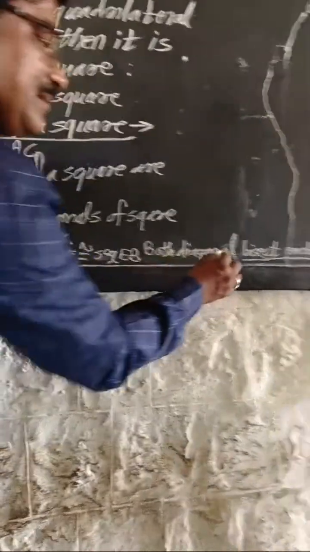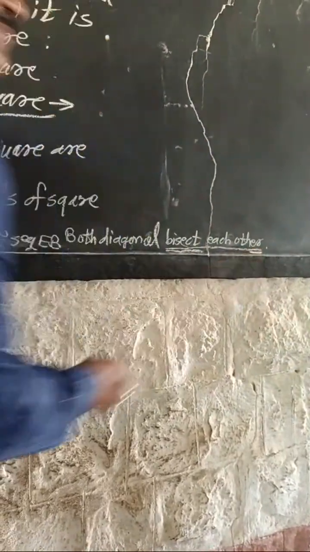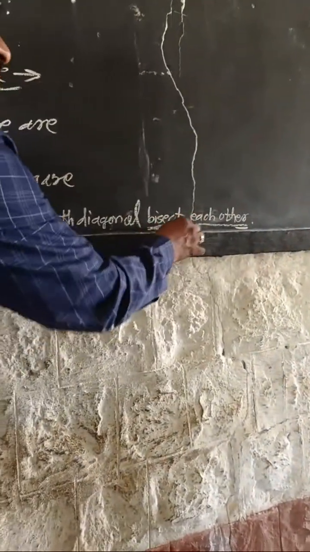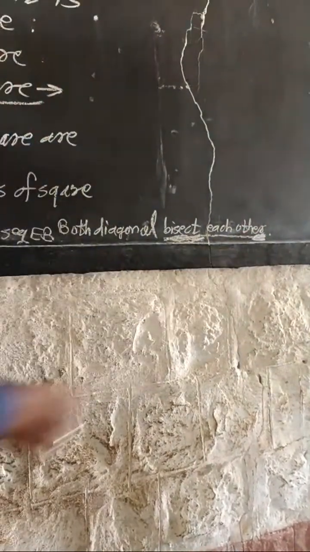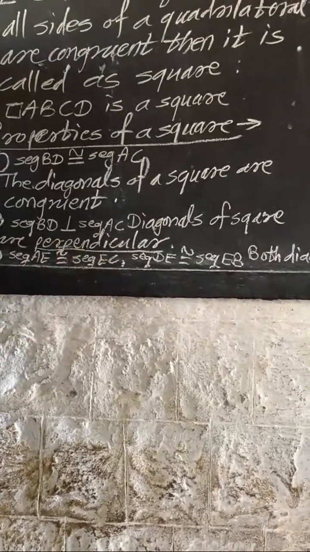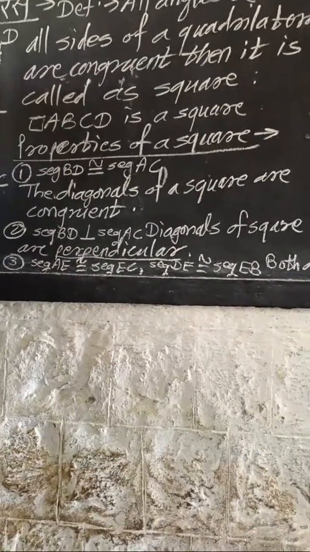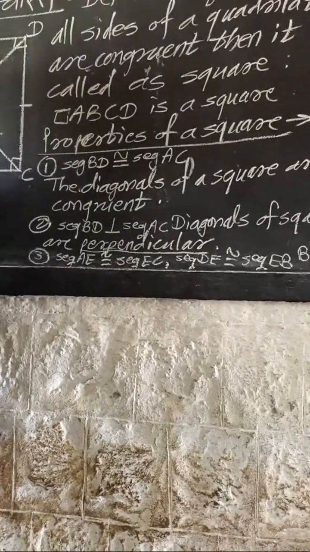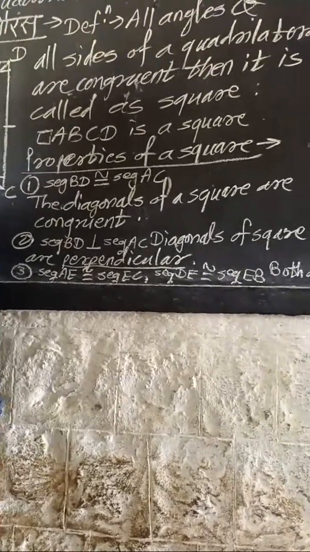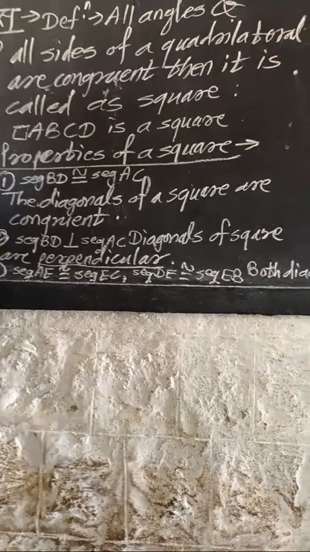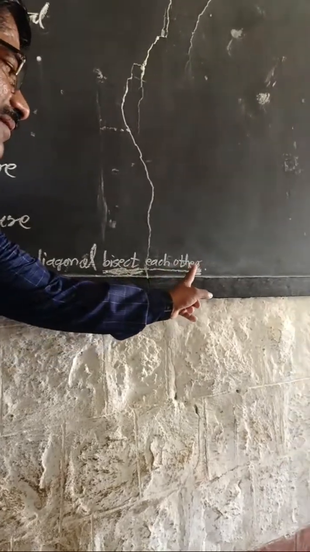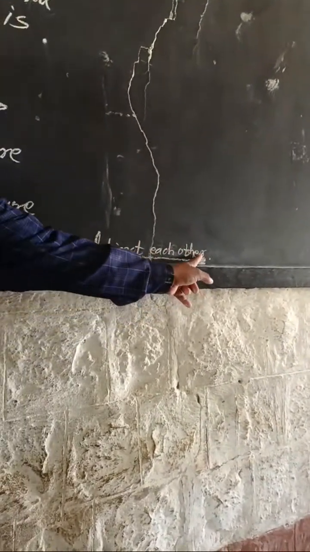Can anyone give the answer? Yes, correct. Good answer: perpendicular bisector.